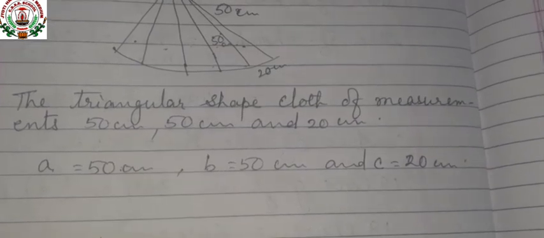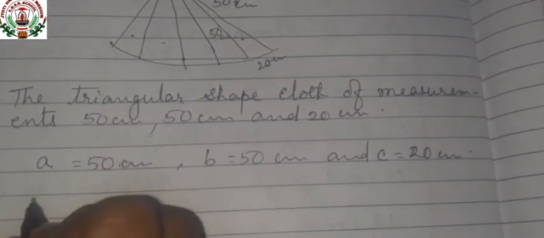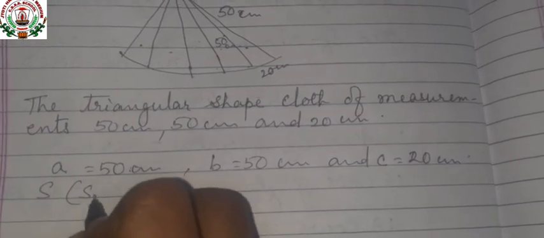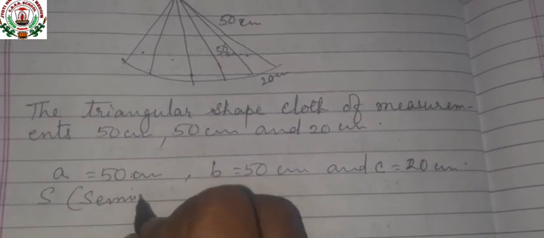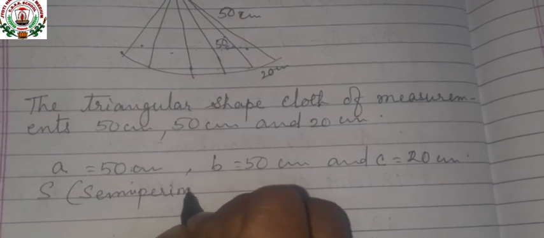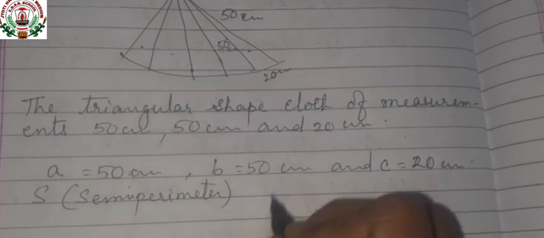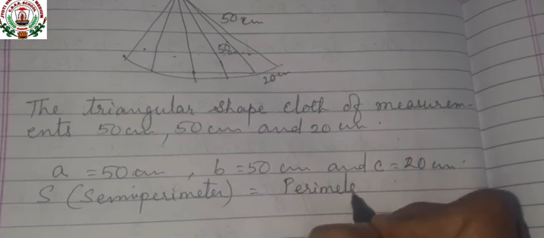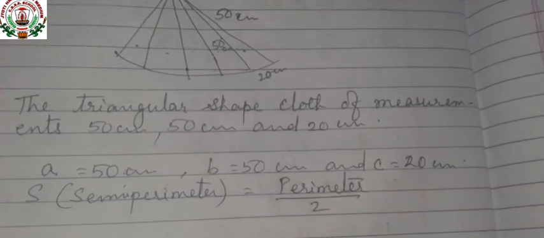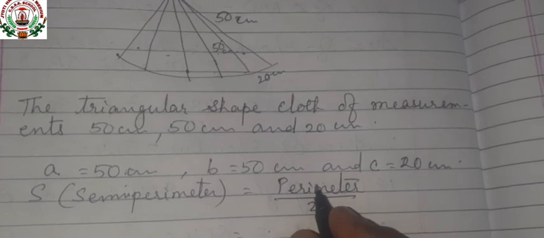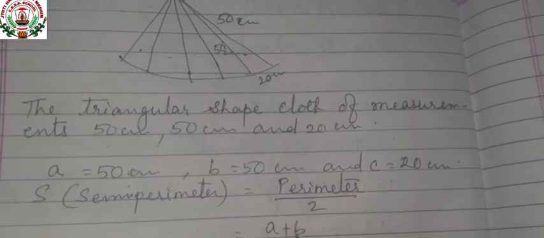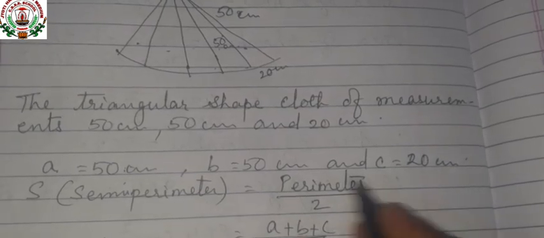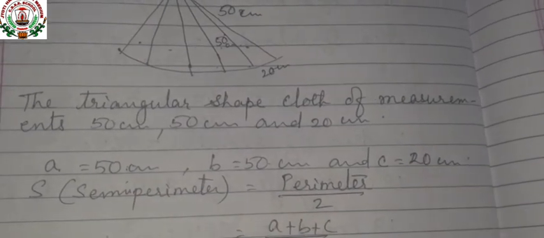Now for that we need S, that is the semi perimeter. That is equal to perimeter upon 2. Now perimeter we know is the sum of all the sides, that is A plus B plus C upon 2, which is equal to how much? Put the values of A, B and C here.